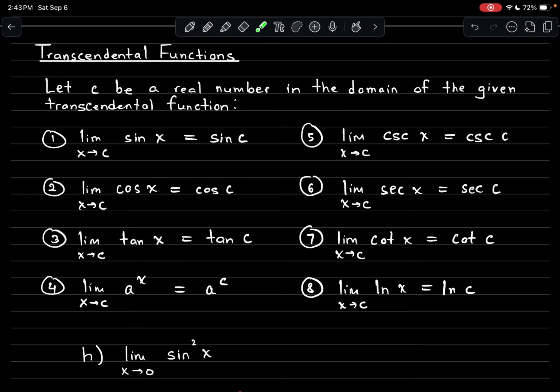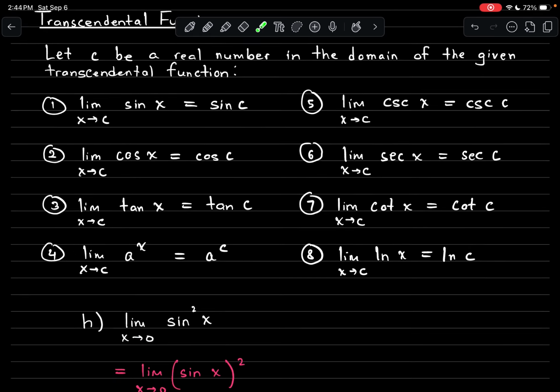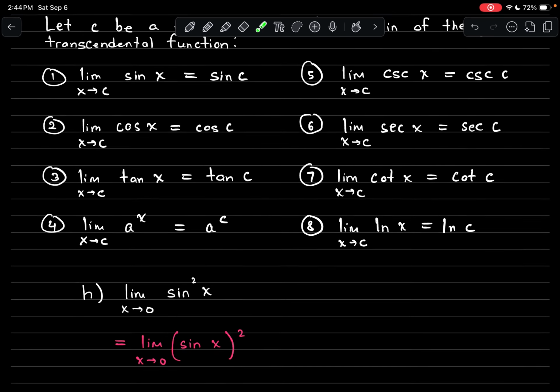Okay, so let's go ahead and apply them. Example H, limit as x approaches 0 of sine squared x. So considering that, we had our power rule from before, we have now our transcendental rule. Essentially, all this means is I can just go ahead and plug in 0 into that x.